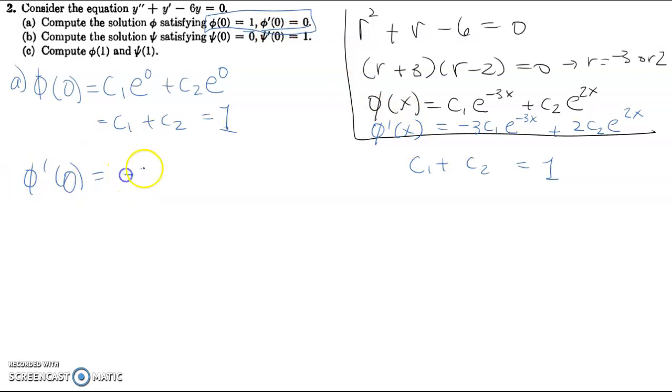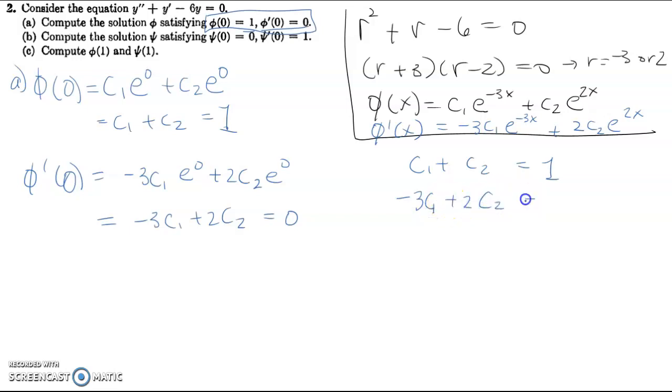That gives us negative 3 c1 e to the power of 0 plus 2 c2 e to the power of 0. So that's negative 3 c1 plus 2 c2, and that should equal 0. Let me write what we have.